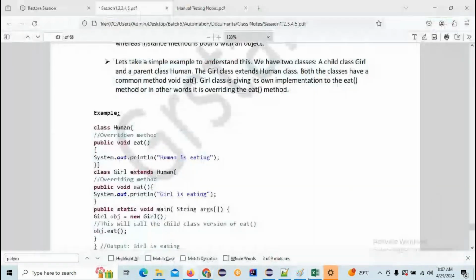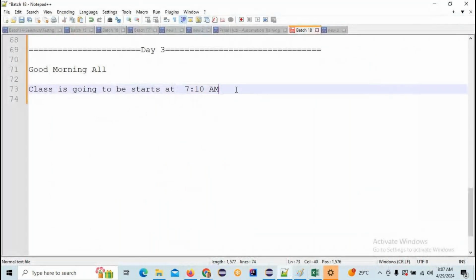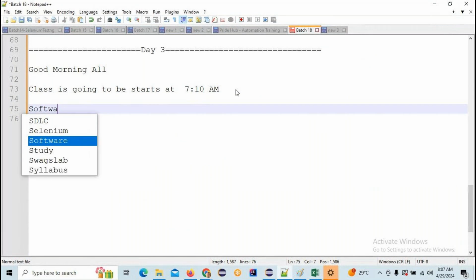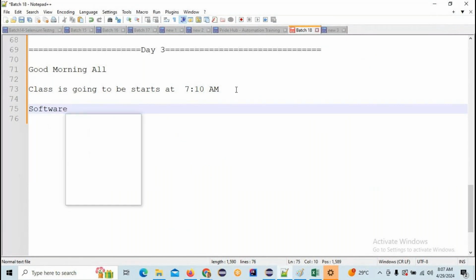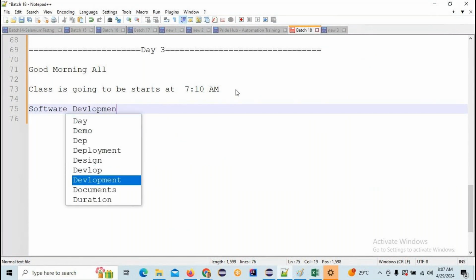I already explained what is meant by SDLC. Can anyone explain what is meant by software development lifecycle, which was explained in the demo session?